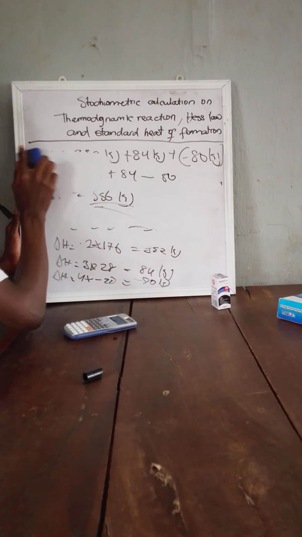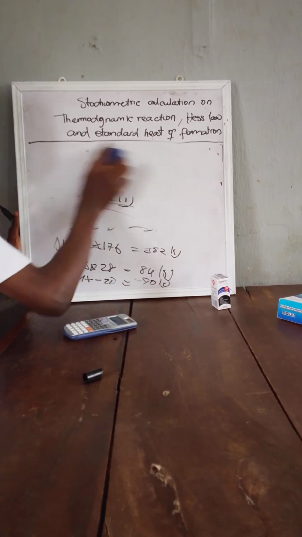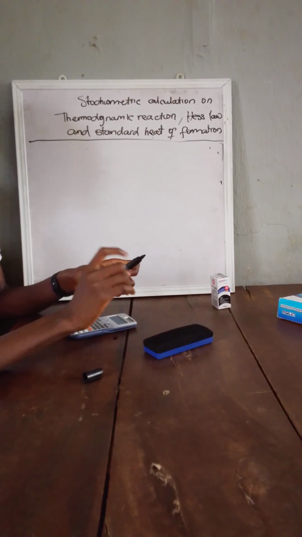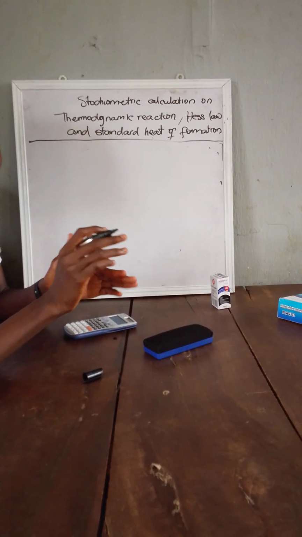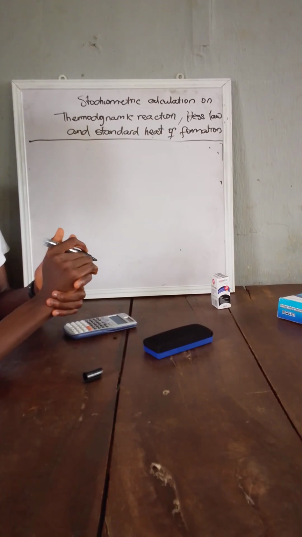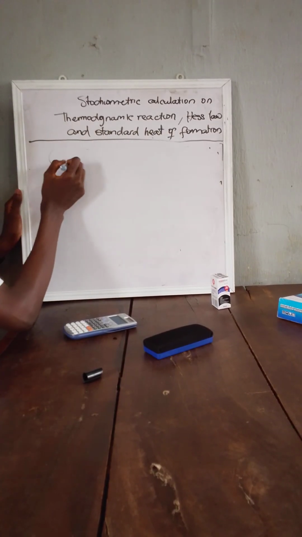So let's try to explain what we mean by the heat of formation as well. In a particular reaction, anytime you are dealing with heat of formation, you will be given the enthalpy of each of the constituents present in that particular reaction. Let's take an example.